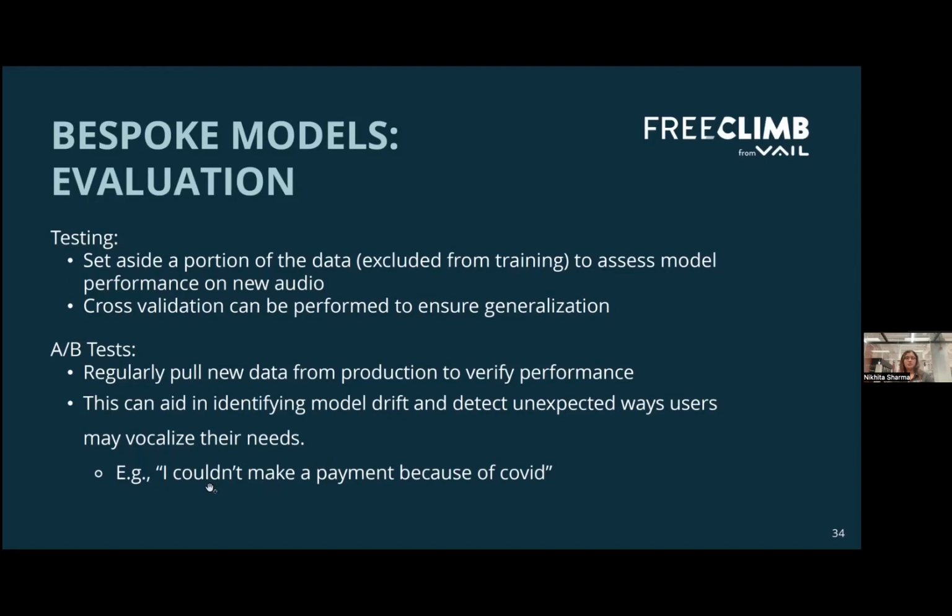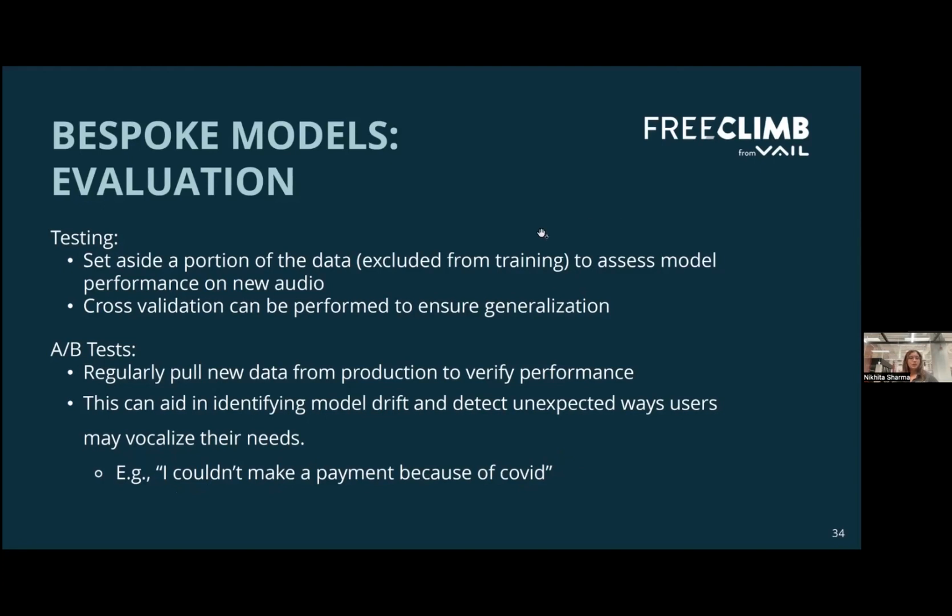And then all of a sudden, people started saying things like, I couldn't make my payment because of COVID. If the model was trained before COVID, it would not be able to recognize this word, and you would not expect people to say this. But once you have regular A/B tests, you can identify these kinds of issues and rectify the situation.